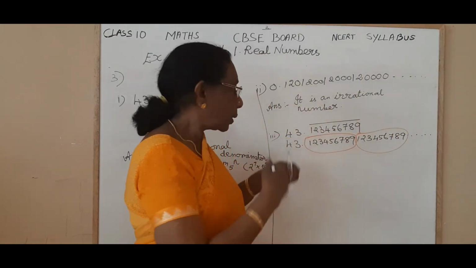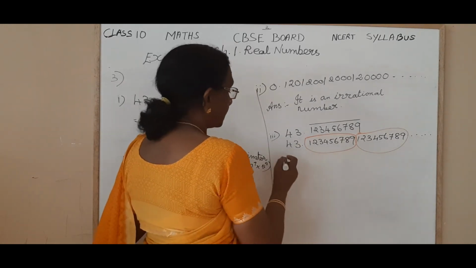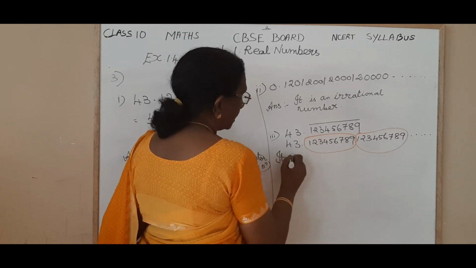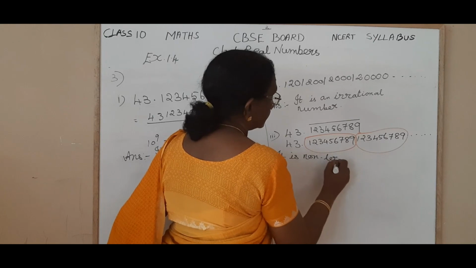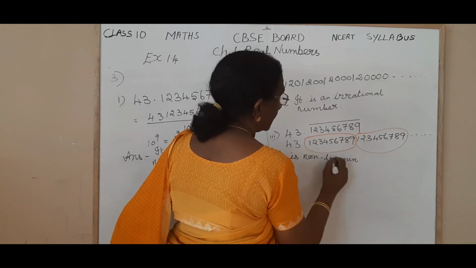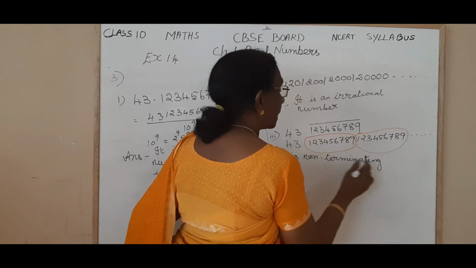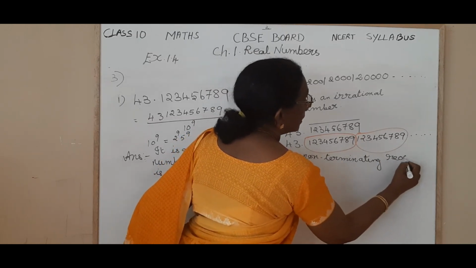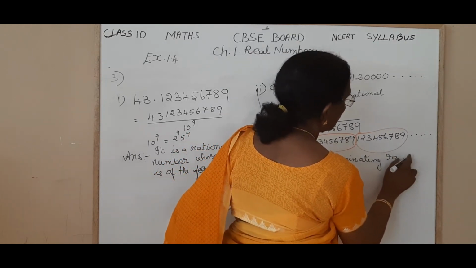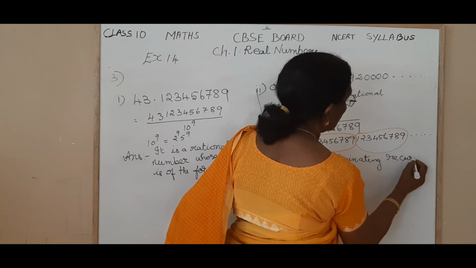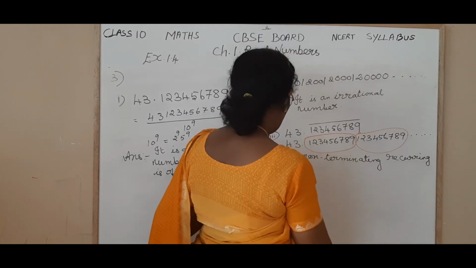Okay, so this is what kind of decimal? It is a non-terminating recurring or repeating decimal.